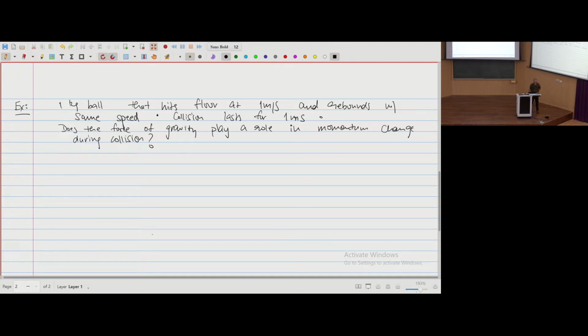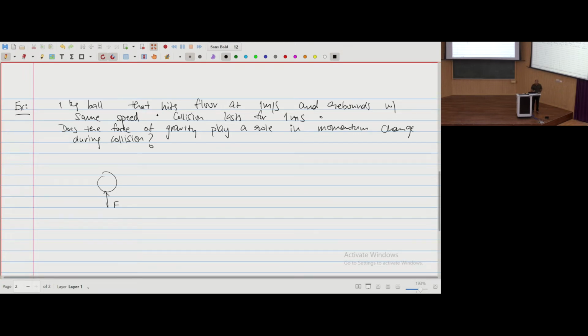So what I want you to do quickly is find out the impulse of the two forces in this case. One is the force because of the normal reaction during collision, and the other is because of mg, because these are the two forces acting on the ball during collision.